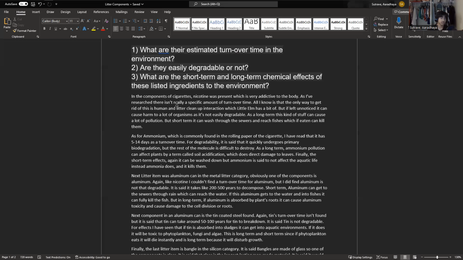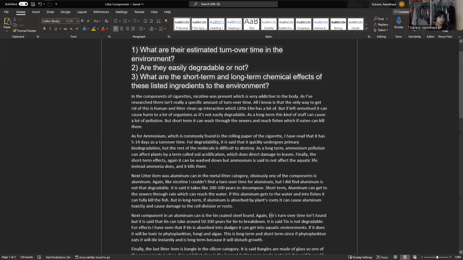Finally, the short-term effects, again, it can be washed down through sewers, but ammonium is said to not affect the aquatic life like ammonia does, which basically kills the aquatic organisms there.